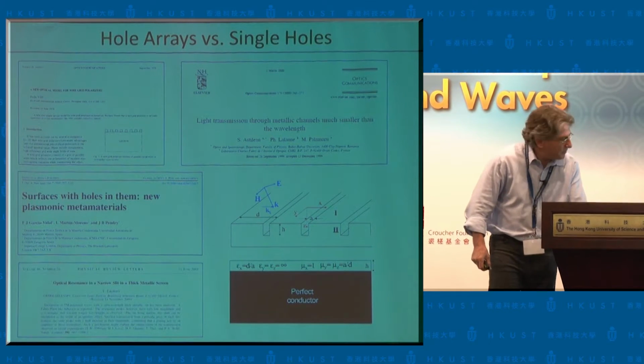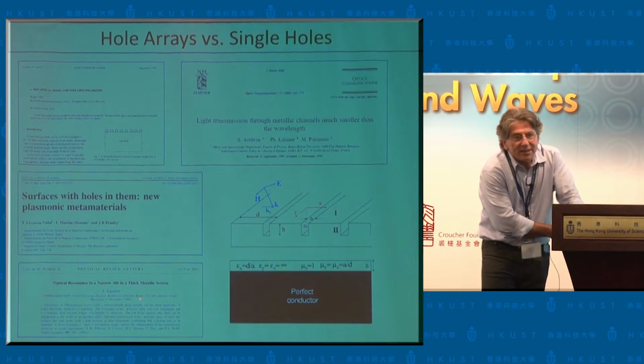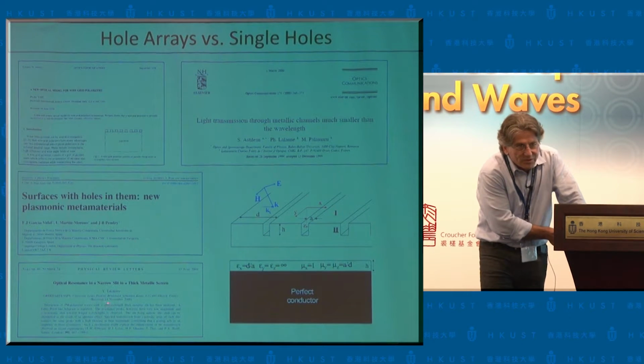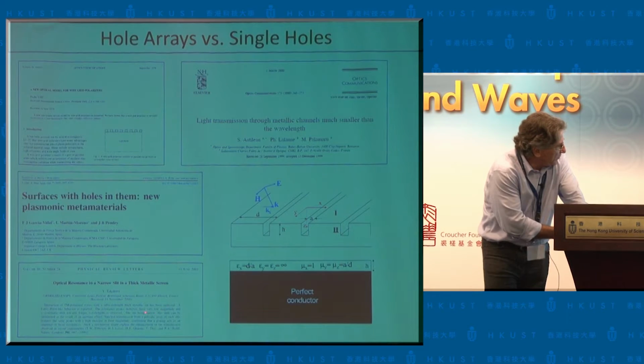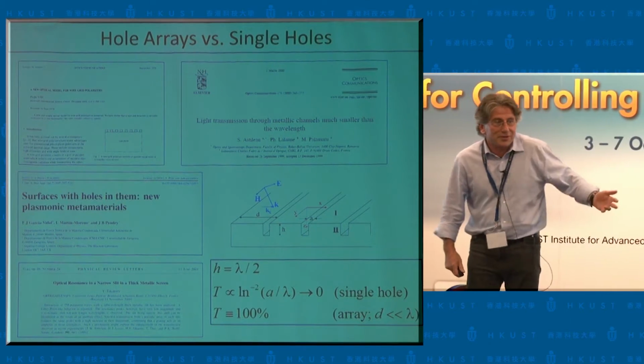However, and this is something that has been done because the single slit problem can also be solved analytically, you find something that I don't know if people in the audience have already seen.